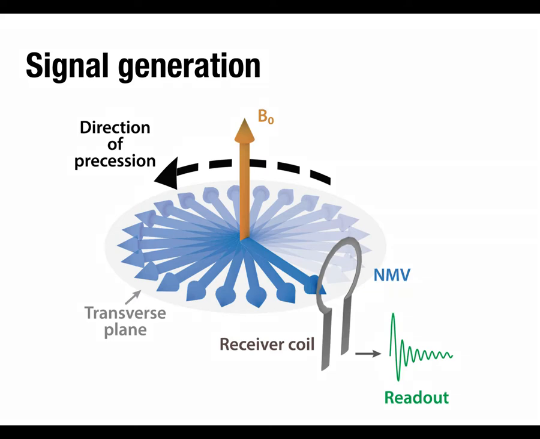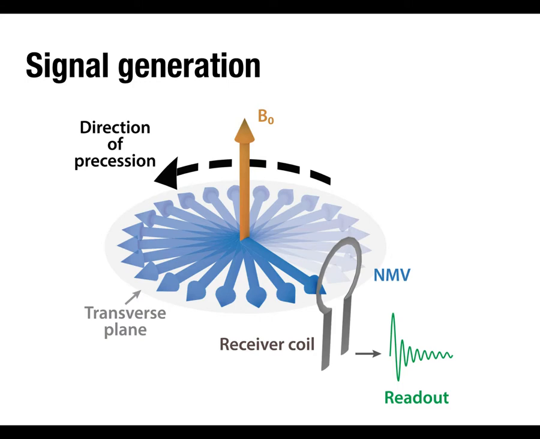Why that's critical is that the receiver coil, the little antenna in the MRI machine that's reading out the signal that we're actually going to record, is in that transverse plane. So what that means is that you've got these protons, they're precessing. Every time that net magnetization vector crosses the receiver coil, it's going to induce a current through our good old friend, the right-hand rule.